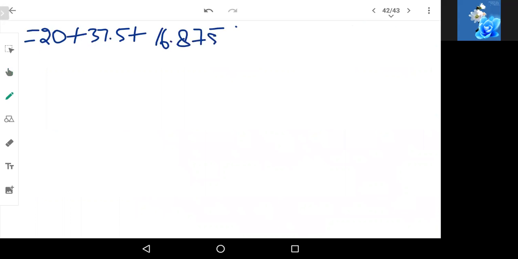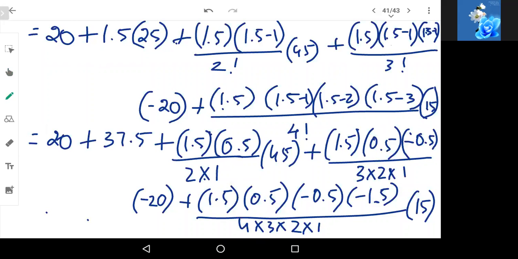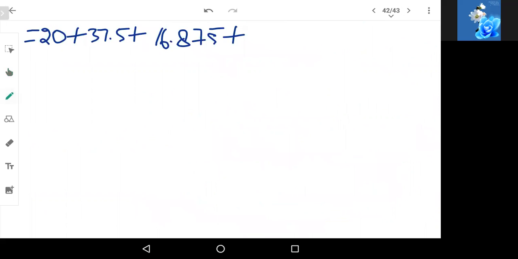Okay, that is one. Now the next one, 1.5 into 0.5 into minus 0.5 will give you minus 0.375, divided by 3 twos are 6, so divided by 6, into minus 20. So you get plus 1.25.